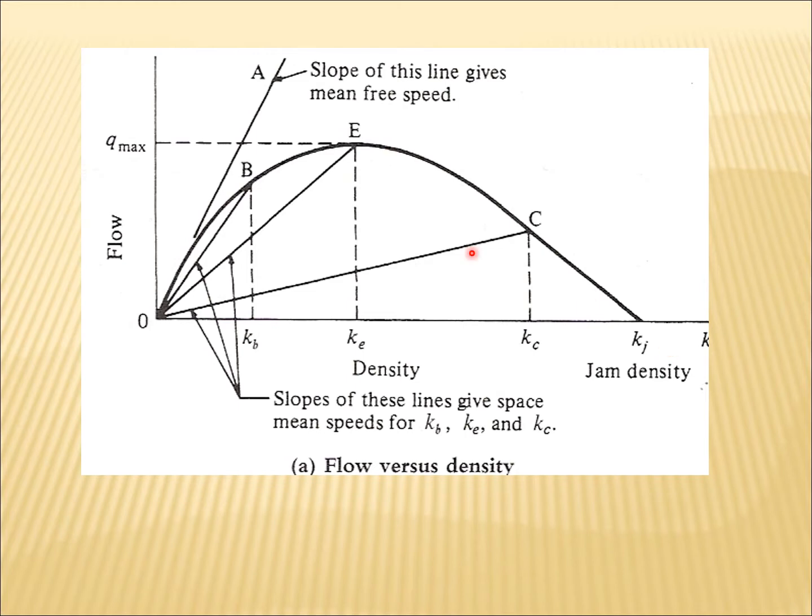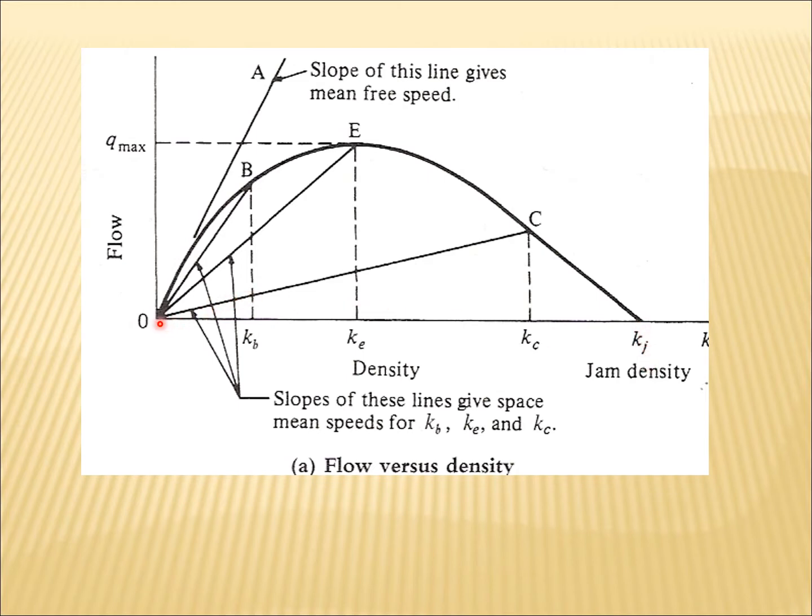Here you have the maximum flow corresponding to point E, and the density is K sub E. At point B the density is K sub B, and then because of the congestion there is a decrease in the flow as the density is increasing, and ultimately you reach the jam density. Corresponding to point C you have K sub C, and here obviously the density is K sub J.